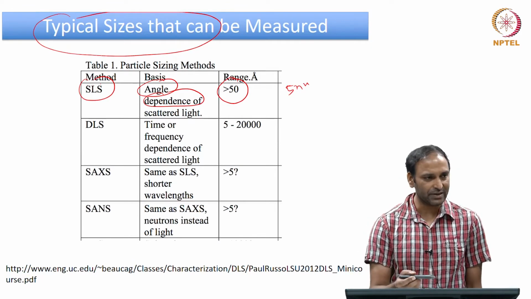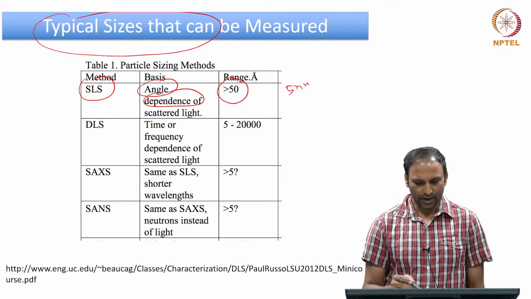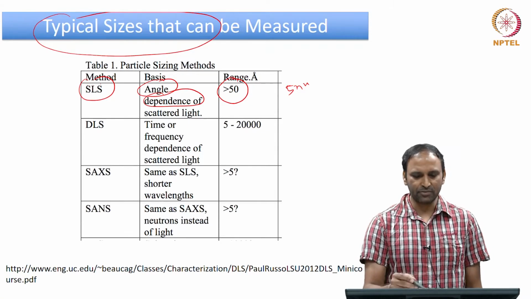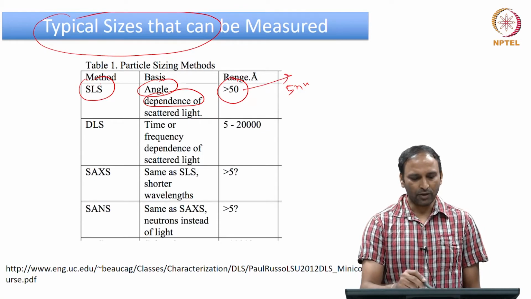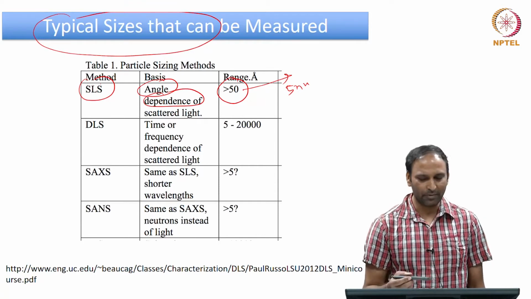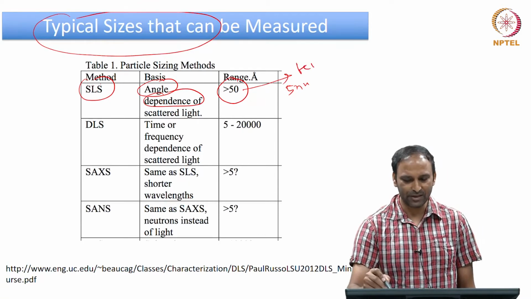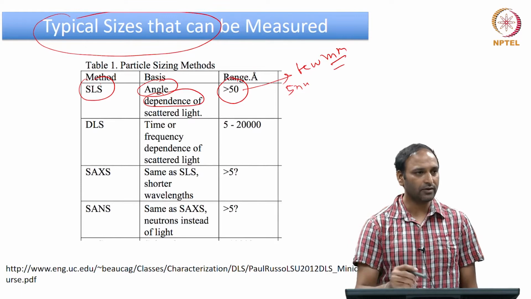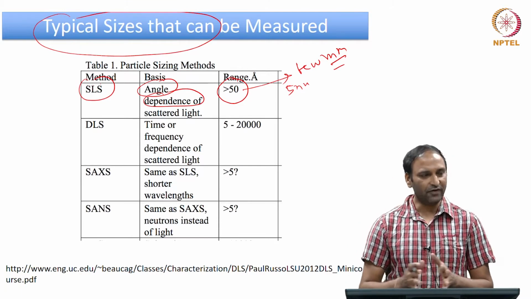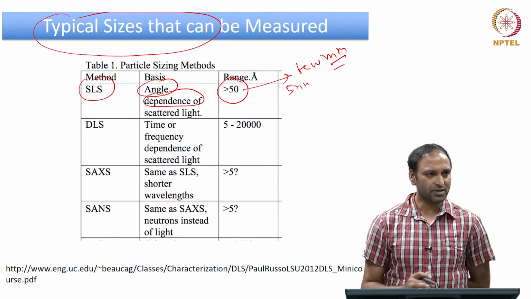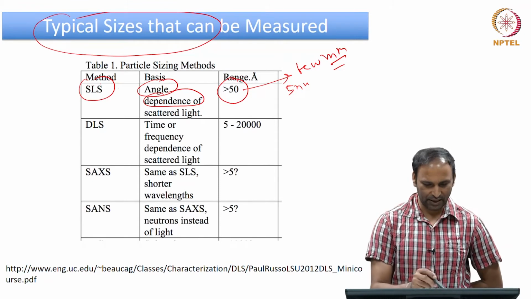And there are instruments where, using SLS principles, you can measure things up to a few millimeters as well. It really gives you a very large size window that you can measure with this technique.